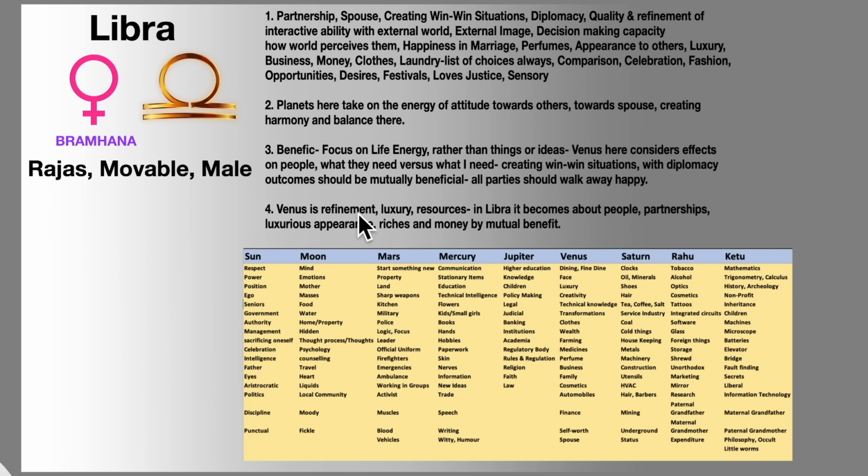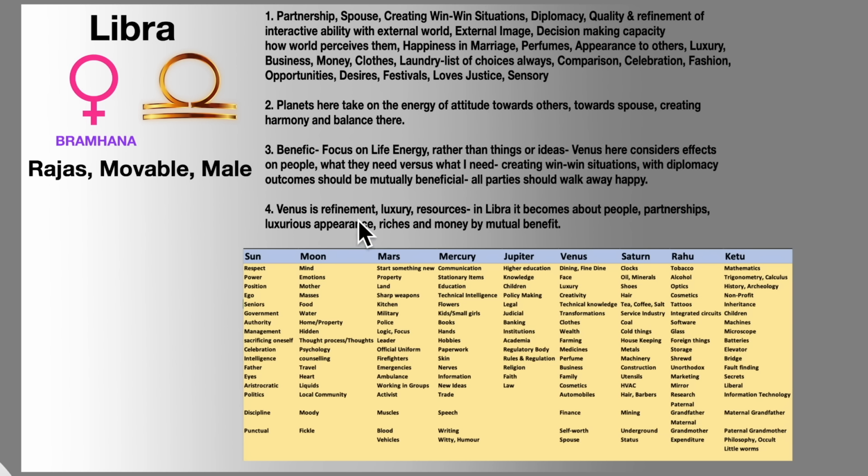In Taurus, it was all about gathering resources. The graduation point or the original point of Venus, Mool Trikon sign of Venus is Libra. Luxury, resources, wealth. Libra becomes about people, partnerships, luxurious appearance, riches, money by mutual benefit. That's why it is very exalted. It's a pure sign.